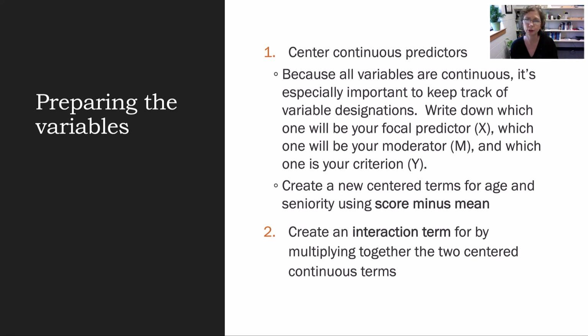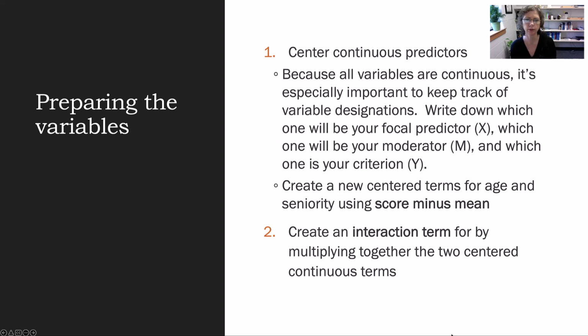But how you interpret it is saying that seniority moderated the relationship between age and job sat, or that age moderated the relationship between seniority and job sat. So you've got to keep track of which one's your focal and which one's your moderator.